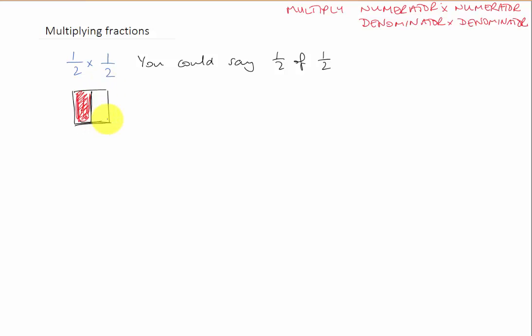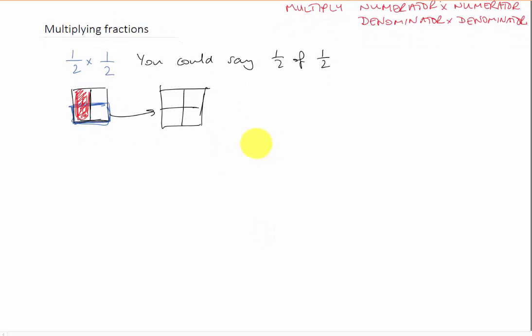But then again we need to take 1/2 of that. So let's imagine we're taking away this part and moving it over here. So here's a fresh one. So there we go.